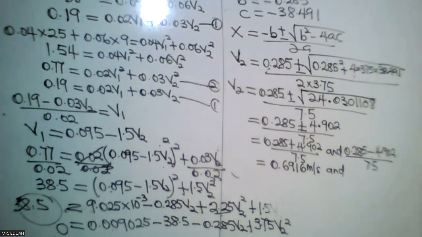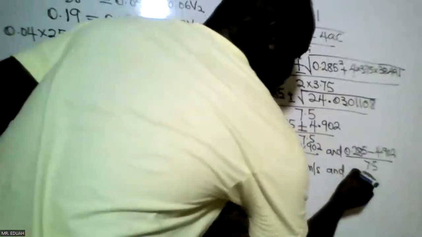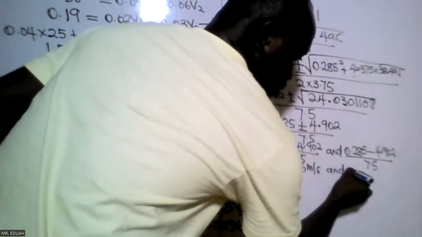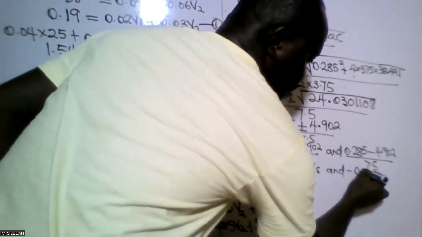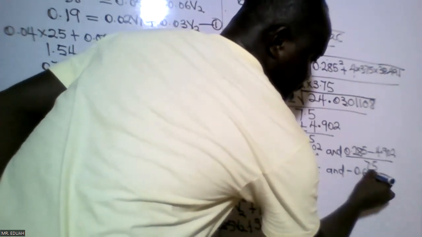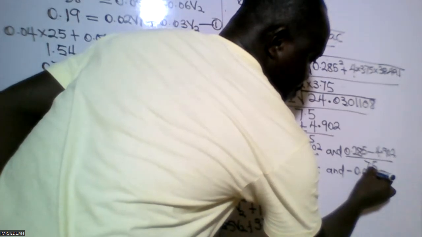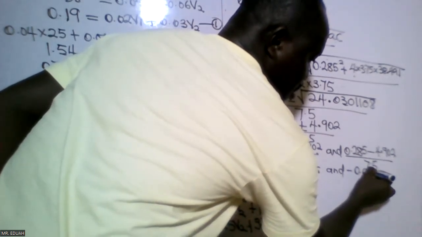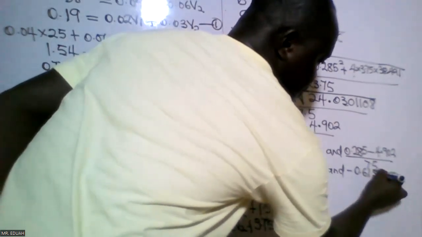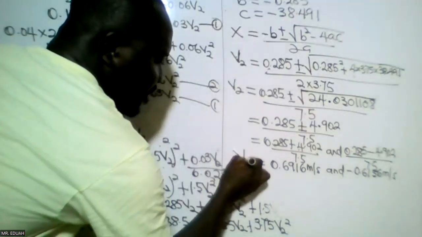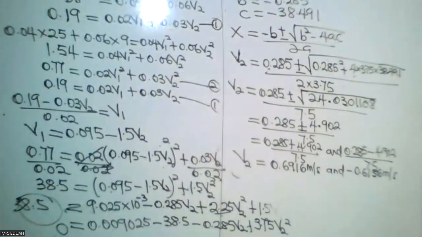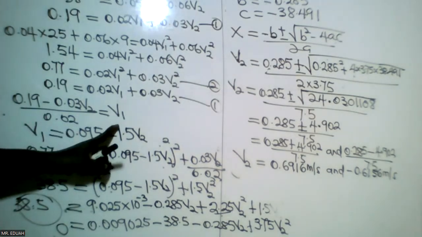Negative 0.6156. Come again. Negative 0.6156. So these are the two possible values of V2, and you use this to find V1.